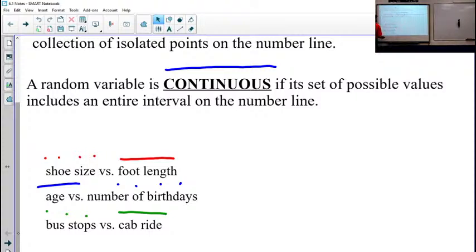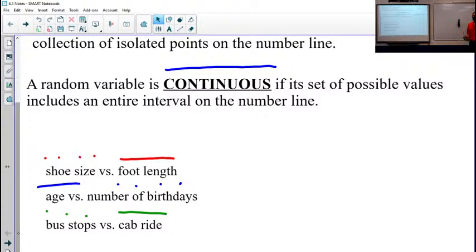Another way you can say it is like bus stops versus a cab ride. If you're on a bus or a train, then they usually have specific stops, specific places that they pick people up and drop people off. And you can only get off or on at those places. That's discrete. Continuous would be something like a cab ride.